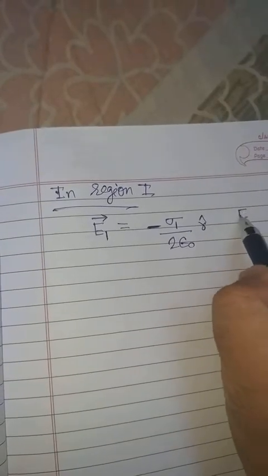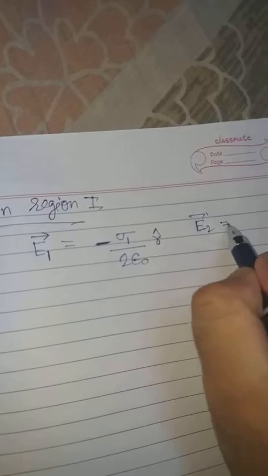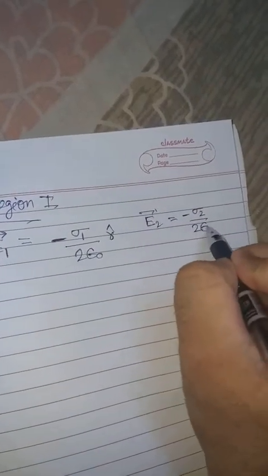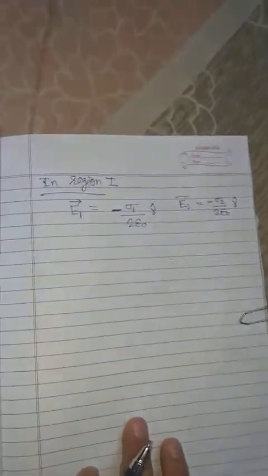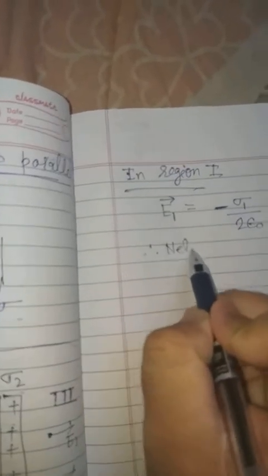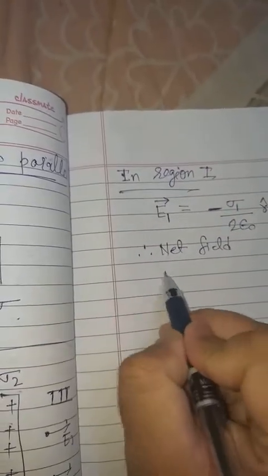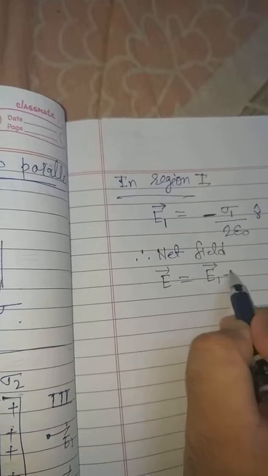Similarly, E2 in the same direction is equal to minus sigma 2 upon 2 epsilon naught r cap. Hence the net field is E equals E1 plus E2.